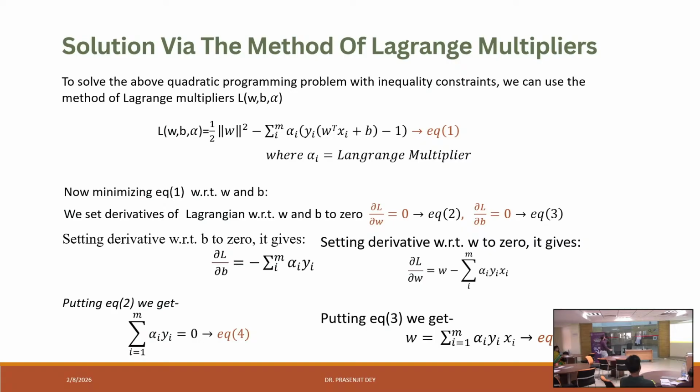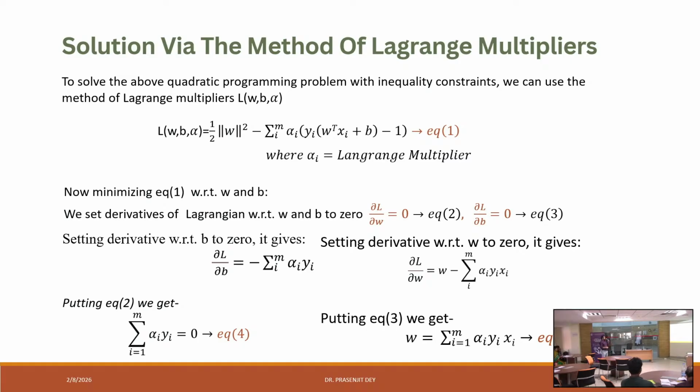So to solve the above quadratic programming problem with inequality constraint, we can use the method of Lagrange multiplier. I am applying a multiplier, mostly denoted by the notation alpha, and now the representation will look like this.